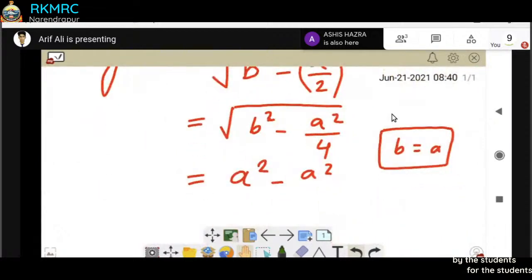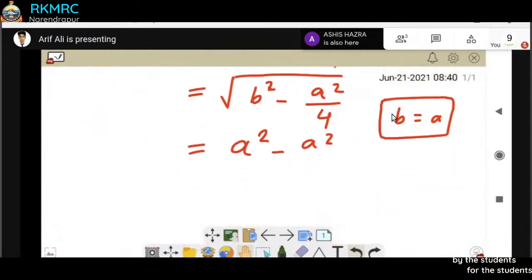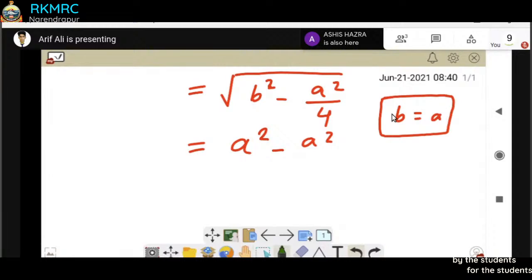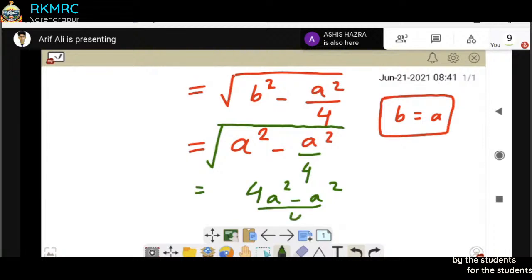So if all the sides are same, we can write a square in place of b square by 4, root under, which will be equal to, if you take LCM, 4a square minus a square by 4, root under, which is equal to 3a square by 4, root under.